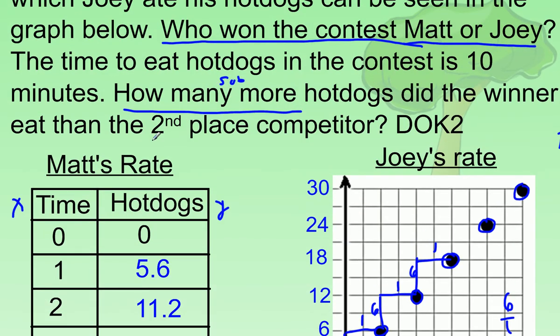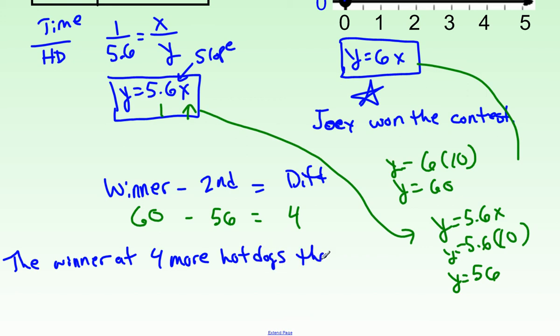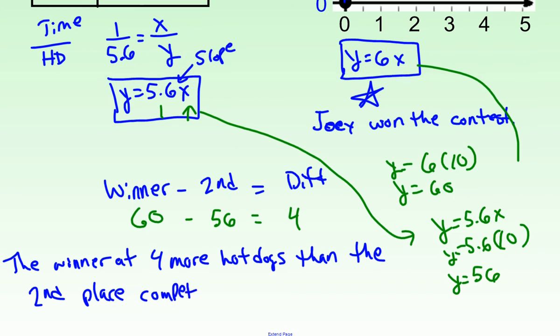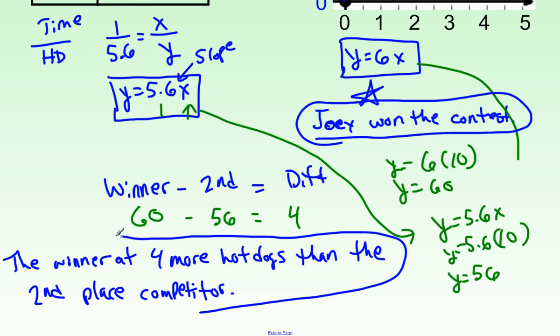How many more hot dogs did the winner eat than the second place competitor? The winner ate 4 more hot dogs than the second place competitor. Answer number 2.